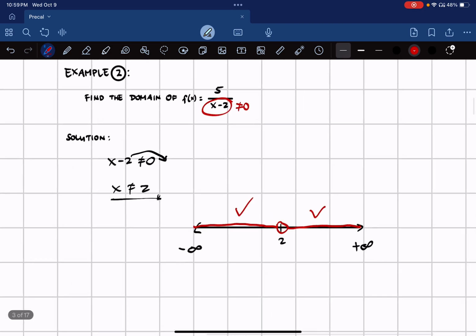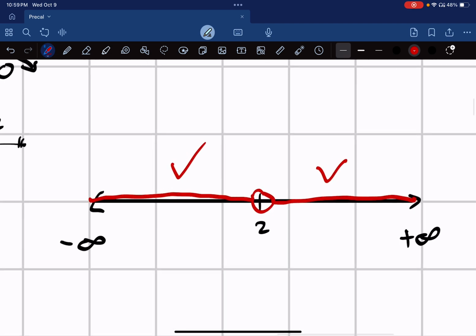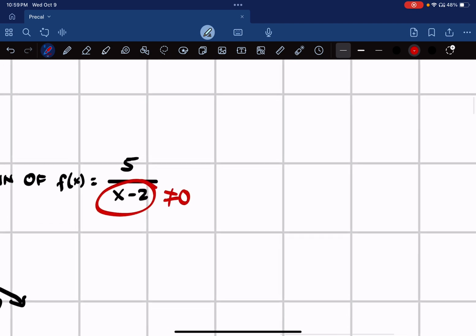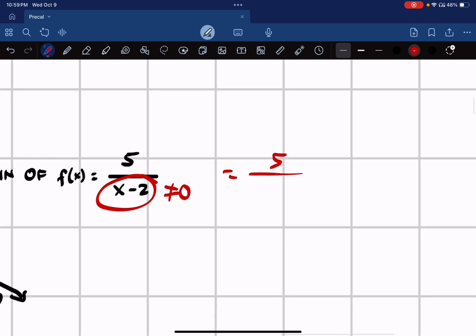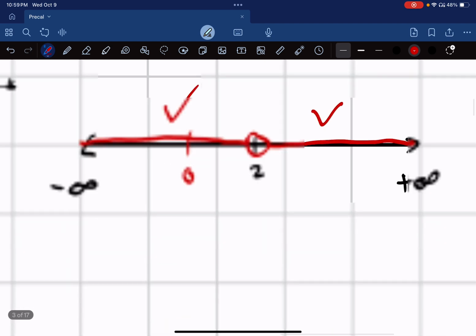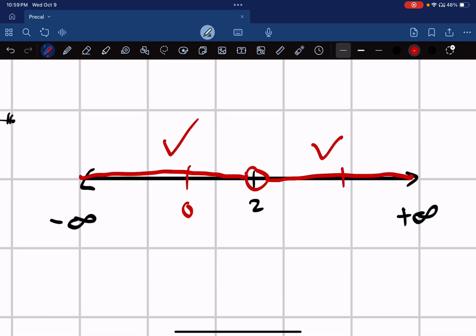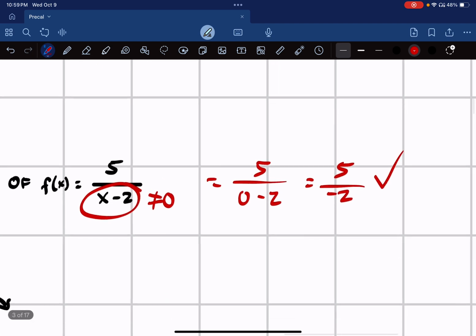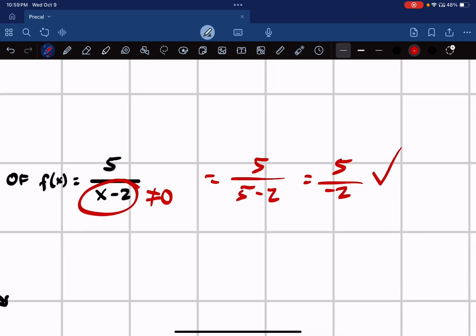So less than 2, for example, 0. And we input 0 in here. 5 over 0 minus 2 is negative 5/2. Pwede na siya. And kunuhay, mag-input ang values greater than 2. Kunuhay 5. So 5 over 5 minus 2, 5 over 3. Pwede na siya.